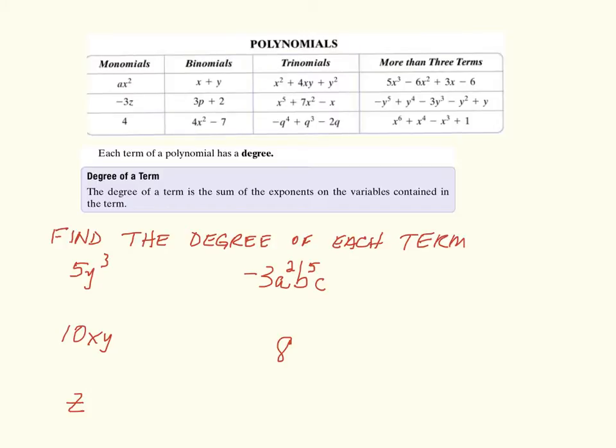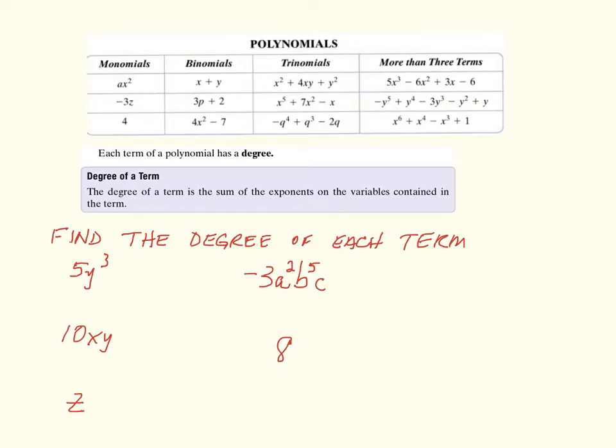Okay, so now at the top of this slide, you see a table with different examples of monomials, binomials, and trinomials. And if you have more than 3 terms, like I said, we only call them polynomials. Okay, now each term in a polynomial, remember a polynomial is made up of terms.